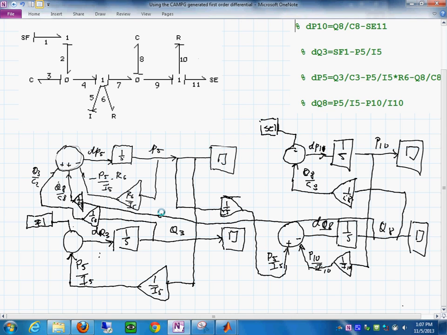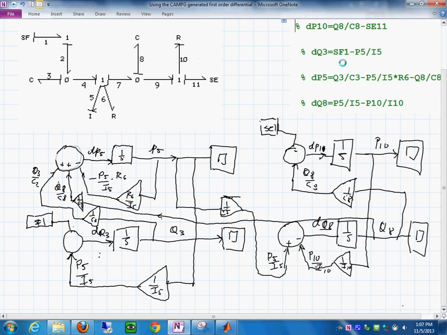But this is the way you build a block diagram for SIMULINK using the state space form and using the equations that CAMPG produced symbolically for the state space form, which are called the Cauchy form, which you see on the right hand side over here.